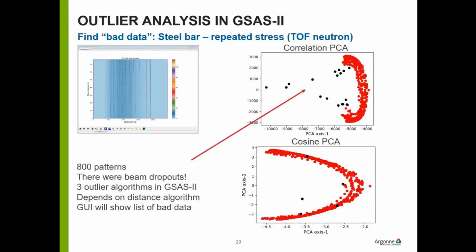And the synchrotron source is not on all the time. It goes off for whatever reason. Lightning strikes in the mountains in Los Alamos, and who knows.